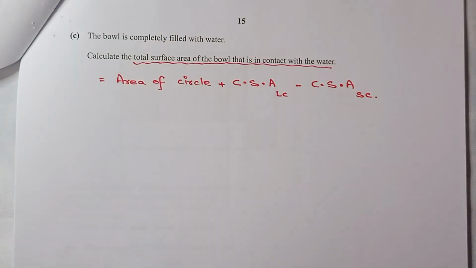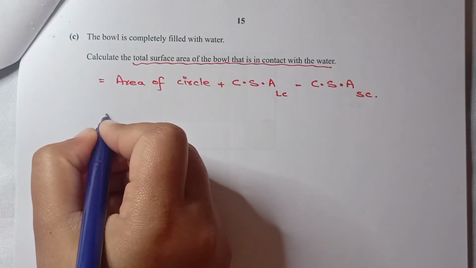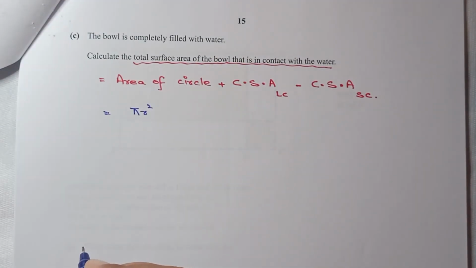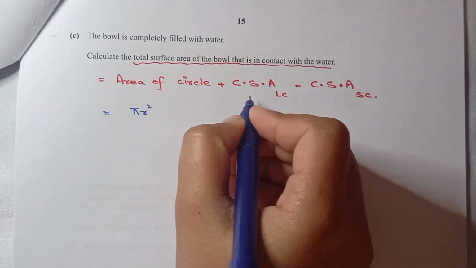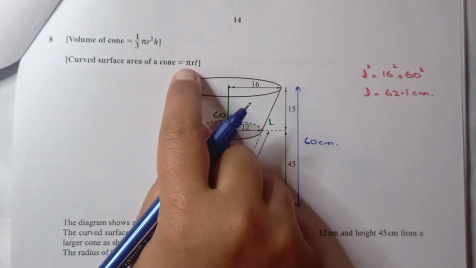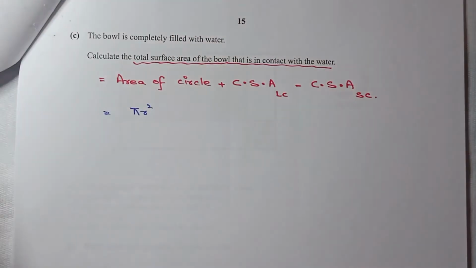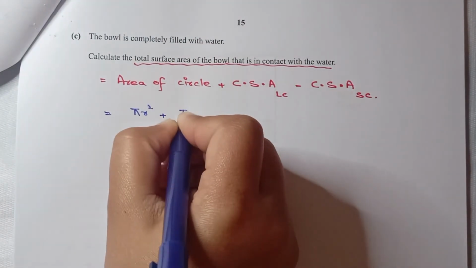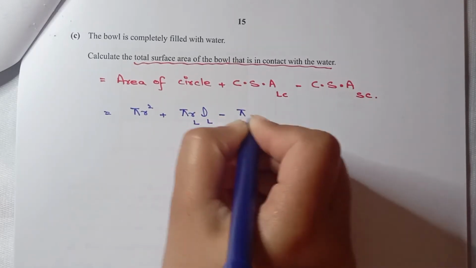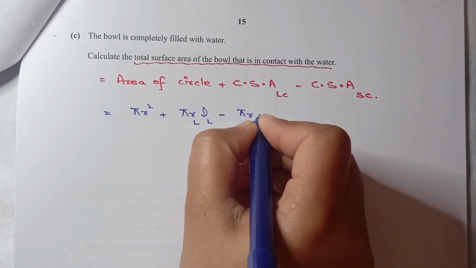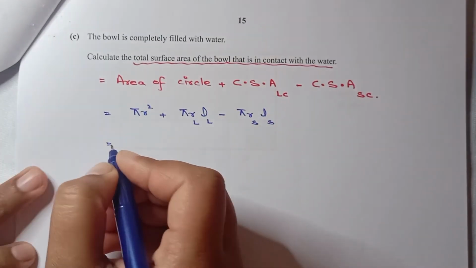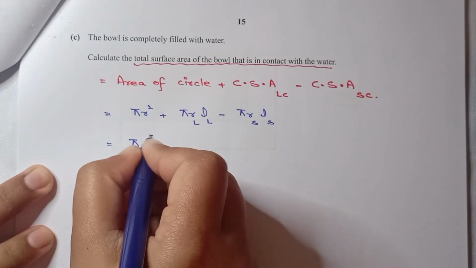We know that the area of a circle is pi r square, pi times radius square. And the curved surface area of the cone is given to us, that is pi r l, right? So plus pi r for larger and L for larger, and then subtract pi r for the smaller radius and L for the smaller. Okay, so let me take pi common from all of these three.